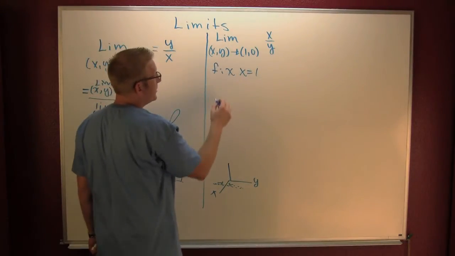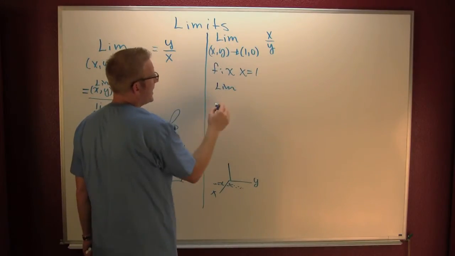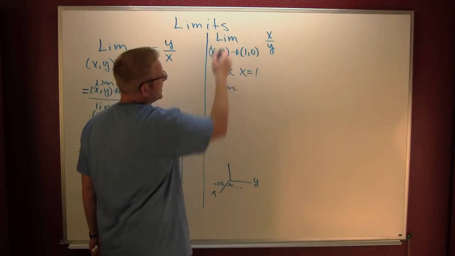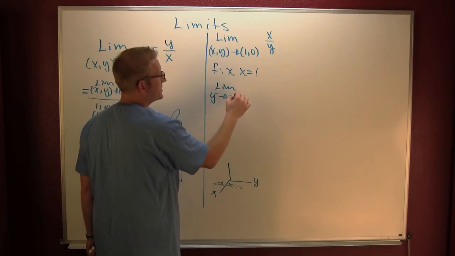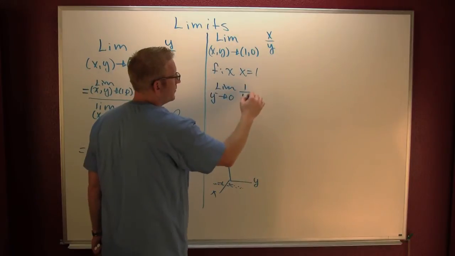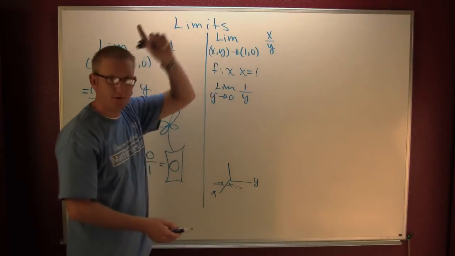So if we fix x equal to 1, now we're looking at the limit as y from the left approaches 0 of 1 over y. Why were we able to do that? Because we fixed x to be 1.